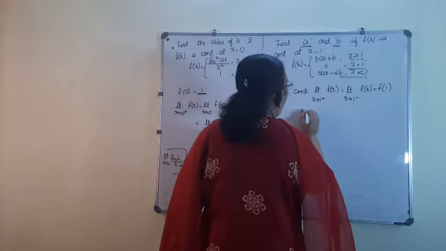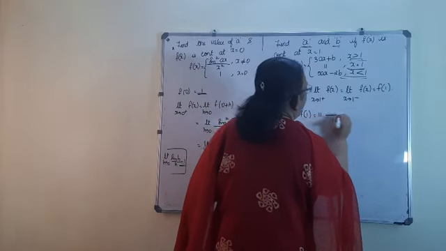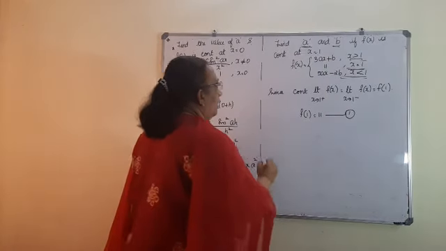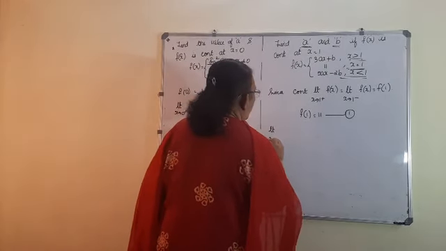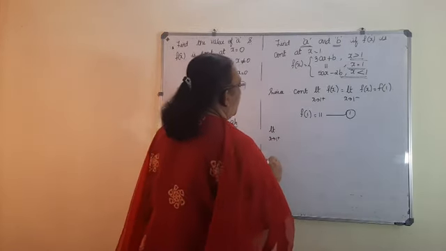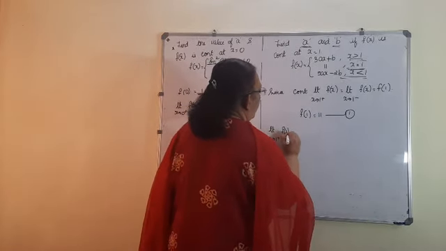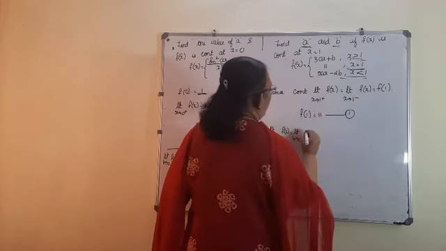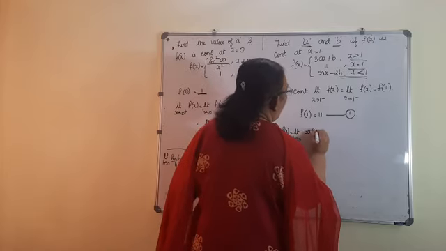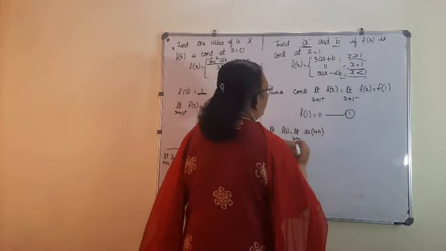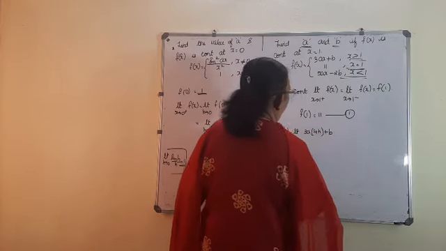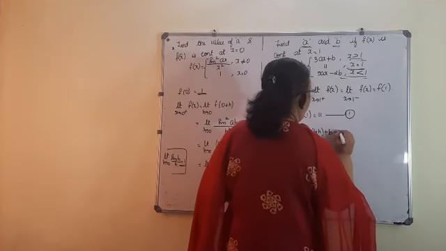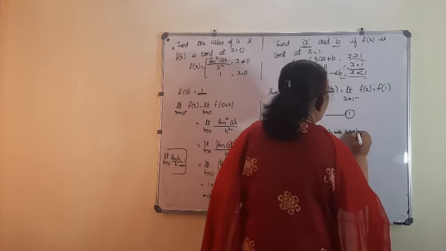And what is f of 1? f of 1 is equal to 11. Mark that as equation number 1. Limit x tending to 1 plus f of x is equal to limit h tending to 0 of 3a into 1 plus h plus b, h tending to 0, which means this is 3a plus b.